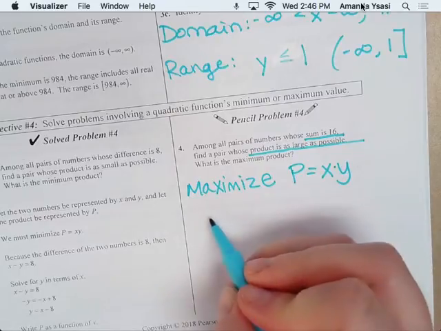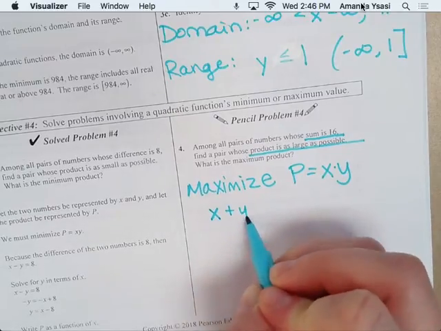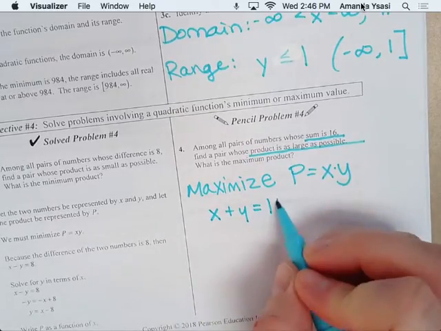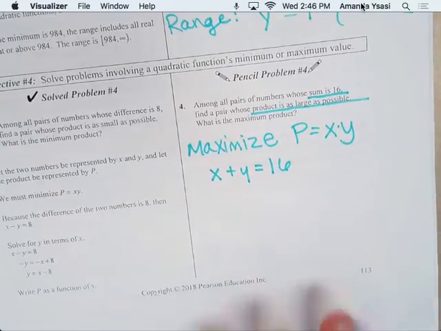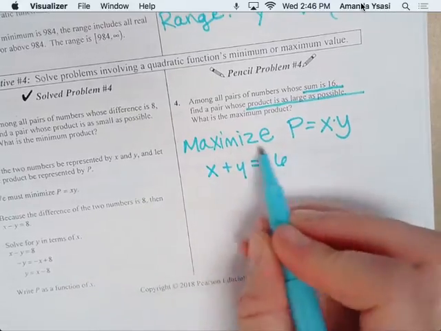And the sum of these numbers, x plus y, is going to equal 16. So let's solve this equation for y.